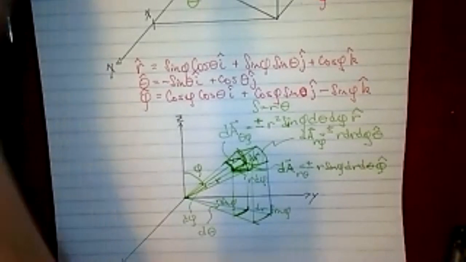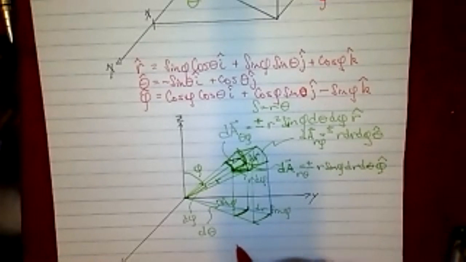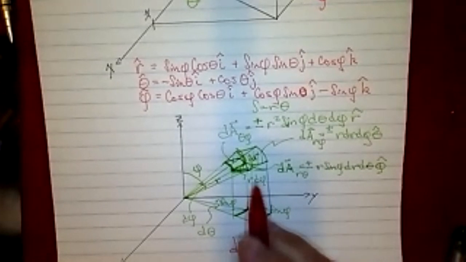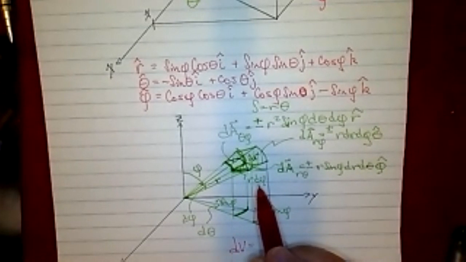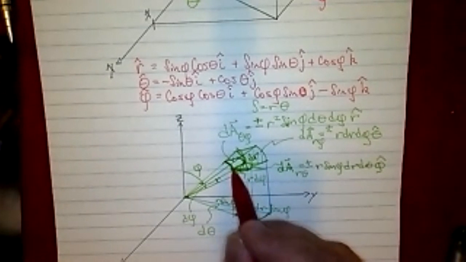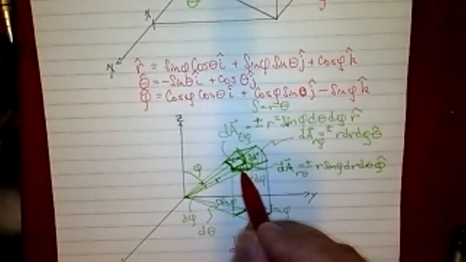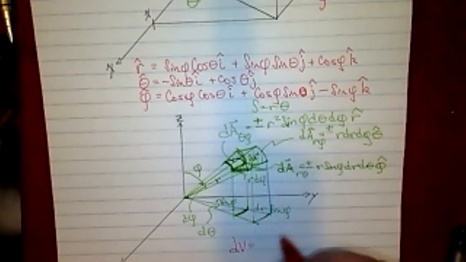So now let me write the differential volume element, treating it just like it is, in fact, a cube. We know that this side right here is r d phi. We know that this one right here is r sine phi d theta.